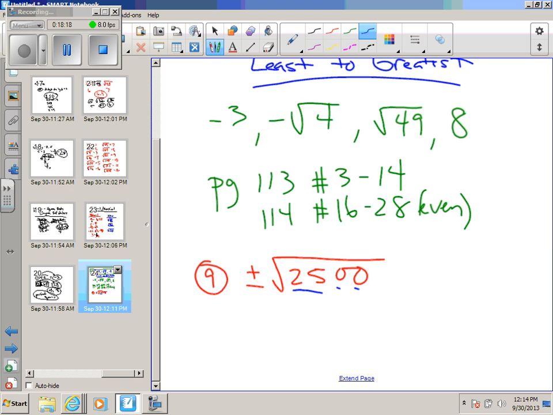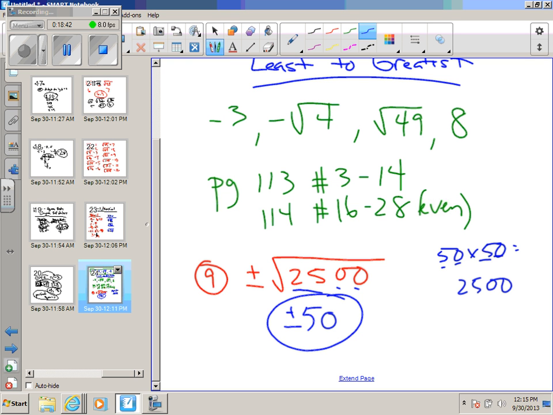I've got 2 zeros as well. Does it mean 500? No, if I multiply 500 times 500, I'm going to get 4 zeros, right? So what should I use? The 5 and 0, so 50. Because if I go 50 times 50, I get my 25, and I get the 2 zeros. Make sure also that you would go plus or minus. Remember, you're multiplying the same thing times itself.